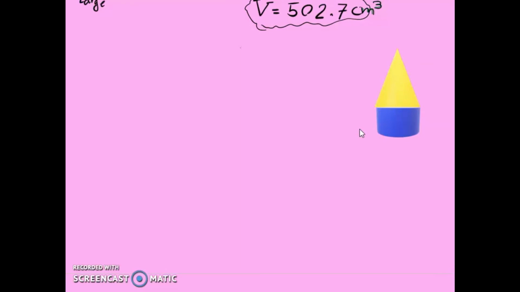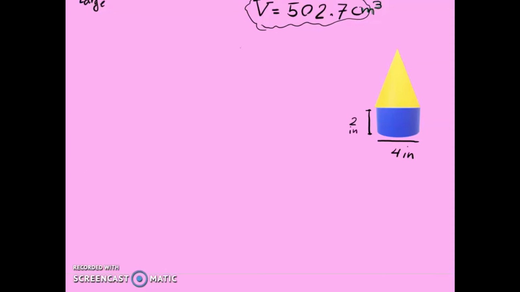Let me just provide you some numerical values. Let's say the diameter of the cylinder, from here all the way to here, is given as 4 inches. Let the height of the cylinder, from top to bottom, be 2 inches.